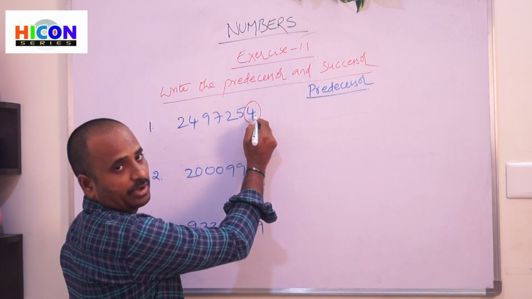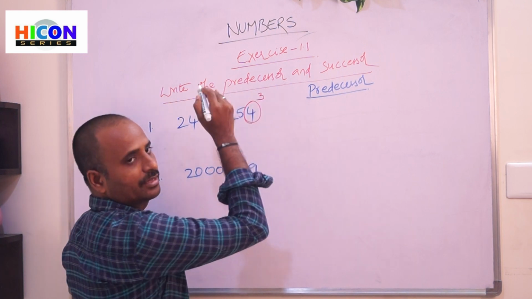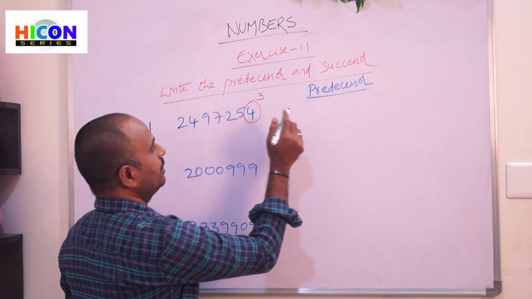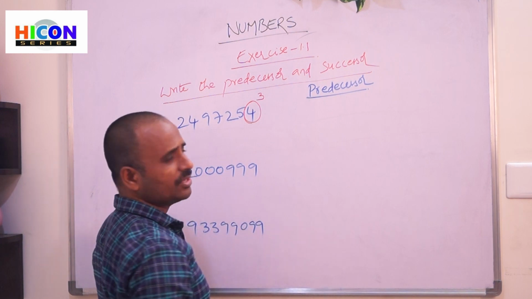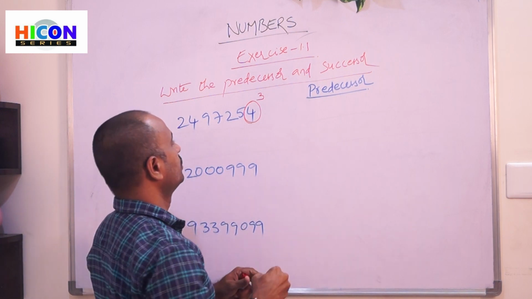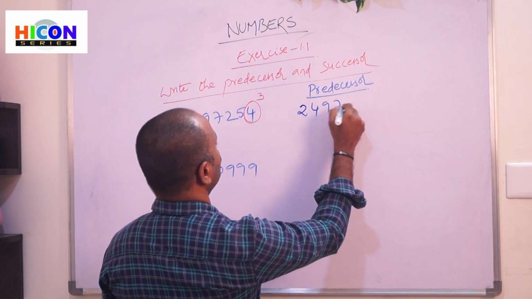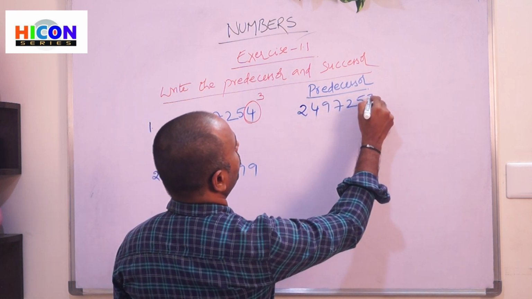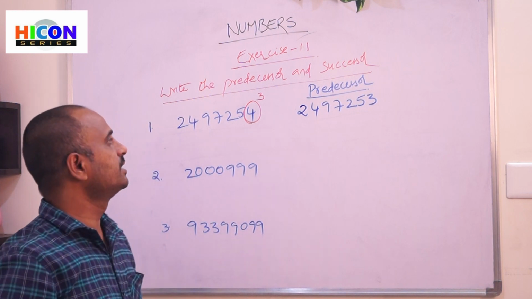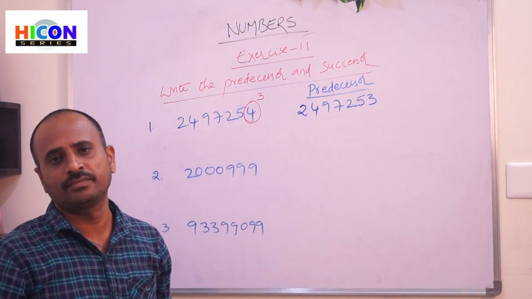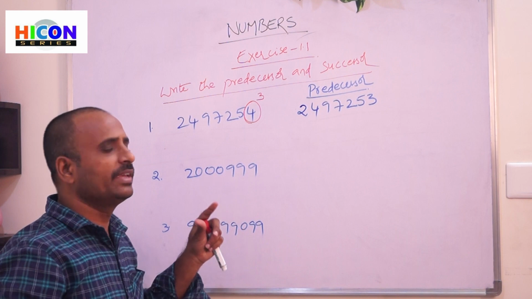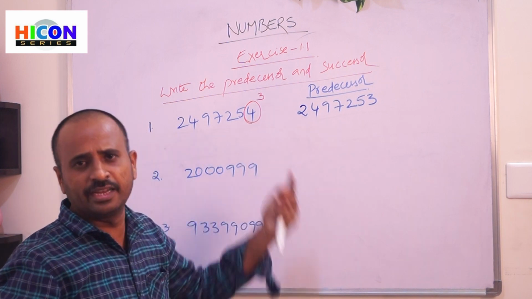Predecessor means before number. So the before number for 4 is 3. So the predecessor is 24 lakh 97,253. This is the predecessor for the given number. So children, in this way we can simply write the predecessor for any number.